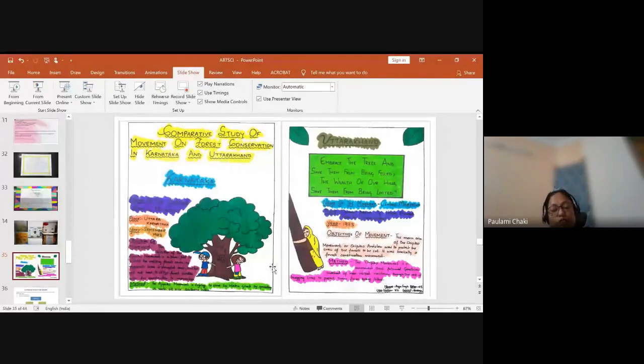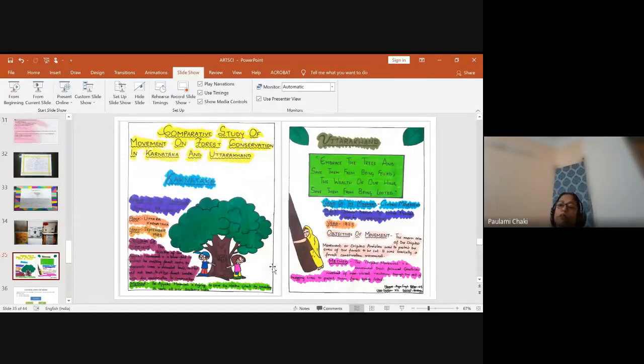I kept on researching and found that forest conservation is something I can teach them, and I will be able to put in values like empathy and taking care of our environment through this particular project. So I asked them to do a comparative study of movements on forest conservation in Karnataka and Uttarakhand: the Appiko movement in Karnataka and the Chipko movement in Uttarakhand.